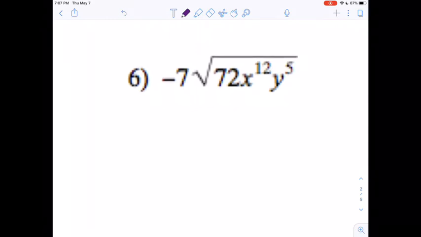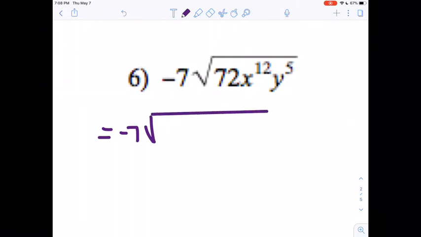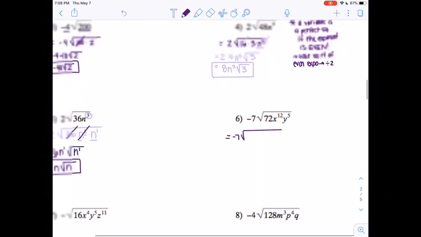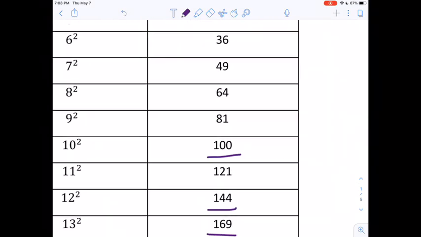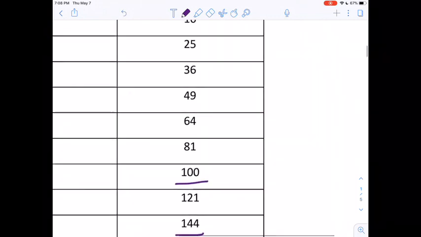Okay, number 6. So I'm going to ignore the -7. That's going to stay out there. And then I know that 72 is not a perfect square. So I'm going to go to my perfect squares list. I'm going to start with numbers less than 72, and I'm going to start dividing with my calculator.